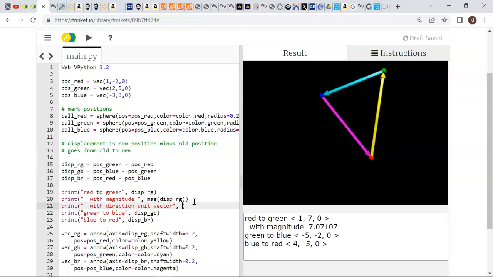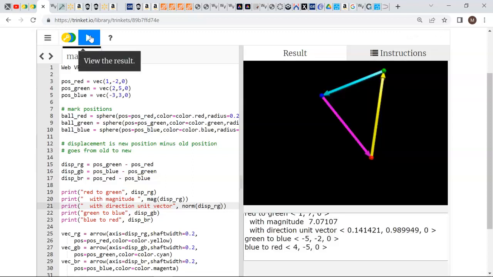Outside the quotations, comma, and this process of calculating a unit vector that points in the same direction, in other words, taking the vector and dividing by its magnitude, dividing by its size, is called norm, N-O-R-M. So norm of disp_RG.